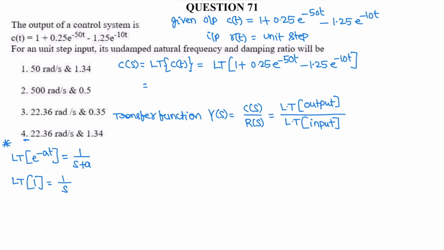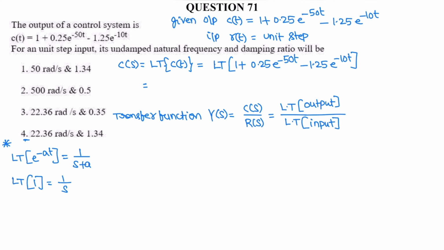Next question. The output of a control system is given as C of t is equal to 1 plus 0.25 e power minus 50t minus 1.25 e power minus 10t. So we know that the Laplace transform of e power minus at is 1 by s plus a, and the Laplace transform of 1 is 1 by s. Given the output C of t, and the input is a step input.